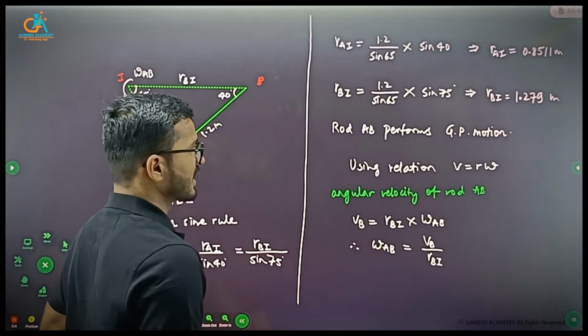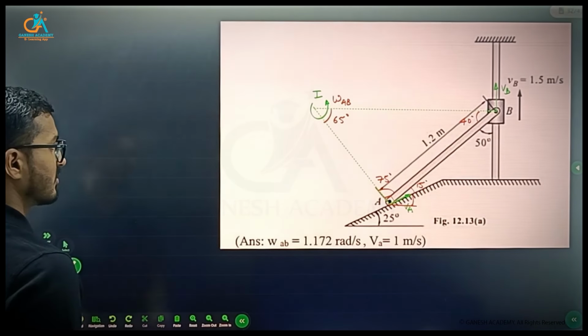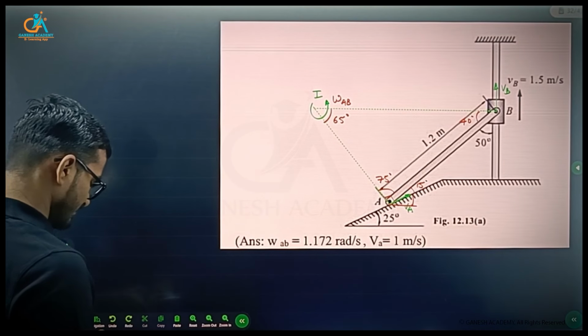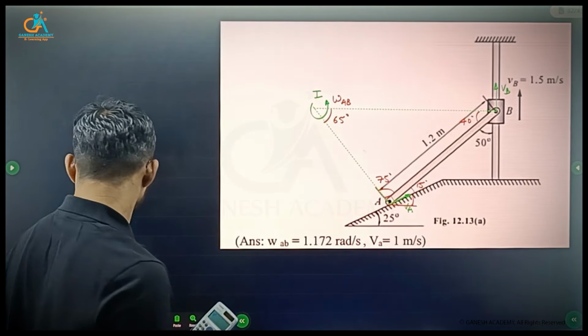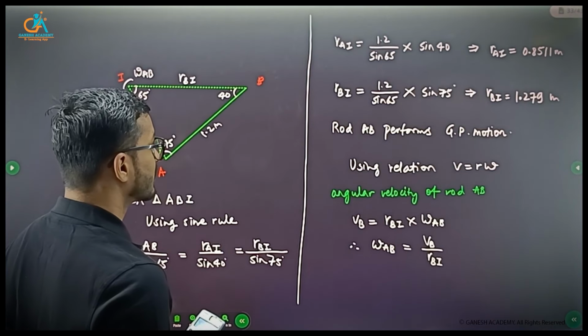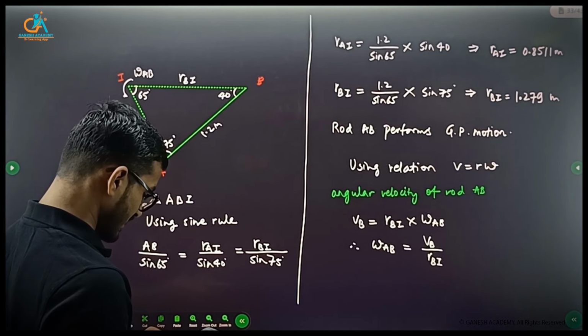VB upon RBI. VB is given as 1.5 and RBI is 1.279.